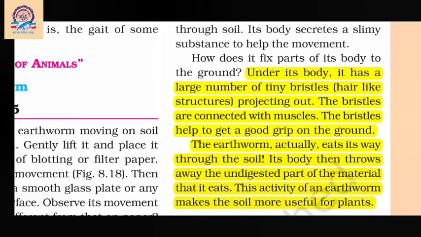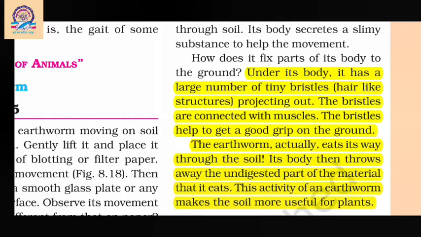What does the earthworm do? It throws away the undigested food which it has eaten. Okay, where does it throw it? It throws it in the soil. This activity of the earthworm makes the soil more useful for plants.